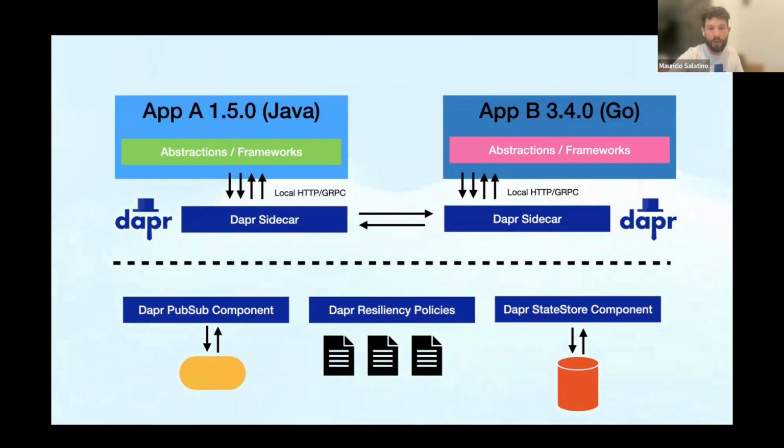These endpoints give you access to Dapr components: the state store component, the PubSub component, and resiliency policies for service-to-service invocations. There are tons of other components, but these are the ones I'm demonstrating here.